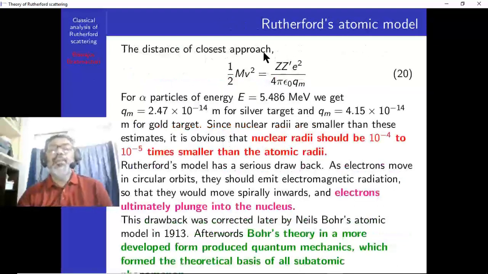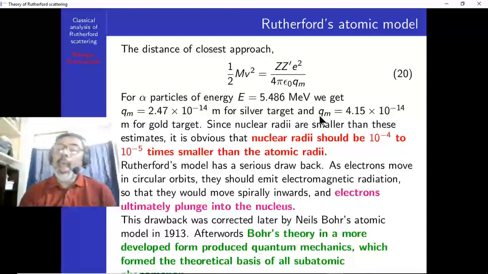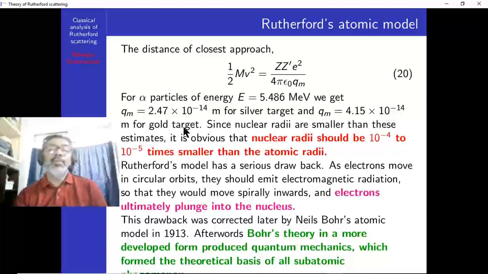So the distance of closest approach we can now calculate for a specific value of the energy of the alpha particle, 5.486 MeV. We get Qm equal to 2.47 multiplied by 10 to the power minus 14 meter for a silver target, and Qm equal to 4.15 multiplied by 10 to the power minus 14 meter for a gold target.